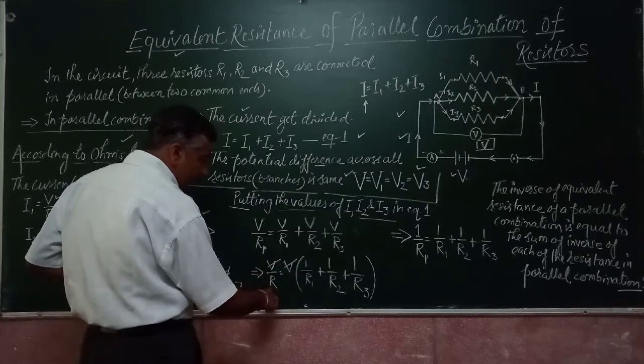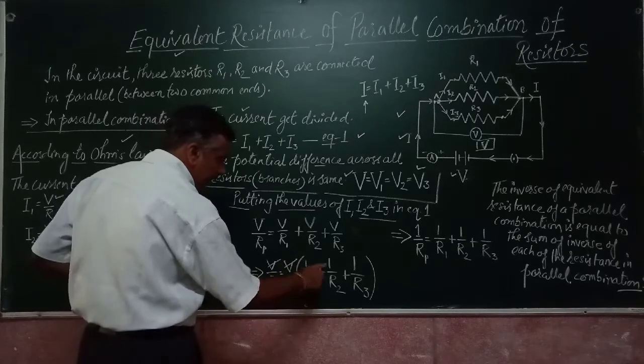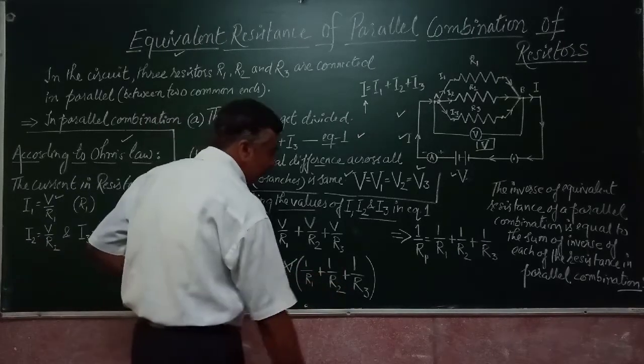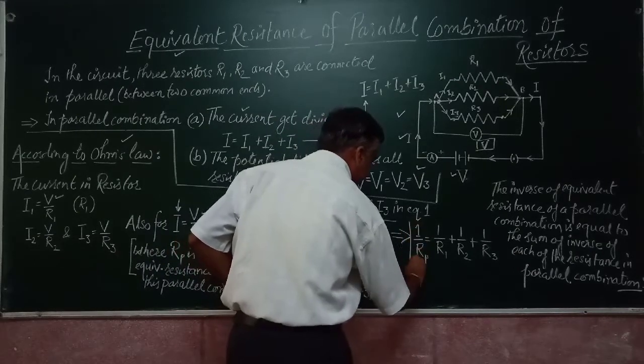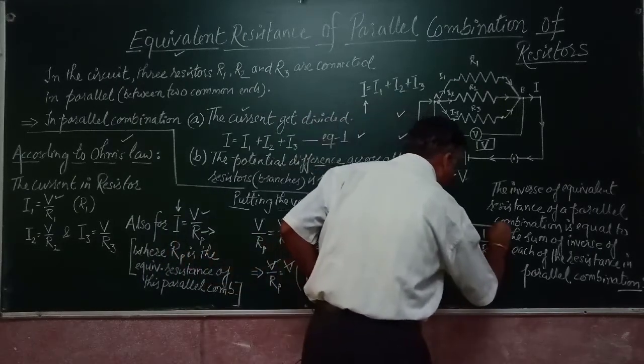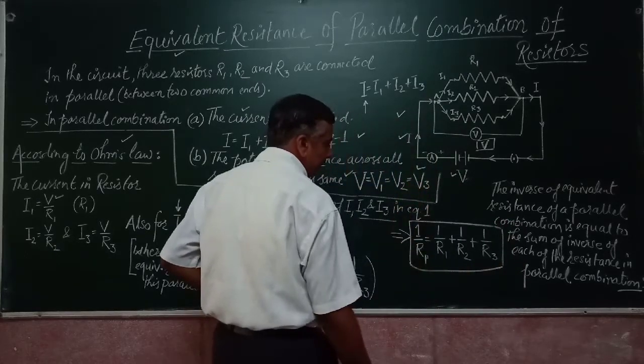So 1 upon Rp equals 1 upon R1 plus 1 upon R2 plus 1 upon R3. This is the derivation, the final expression for calculating the equivalent resistance of a parallel combination.